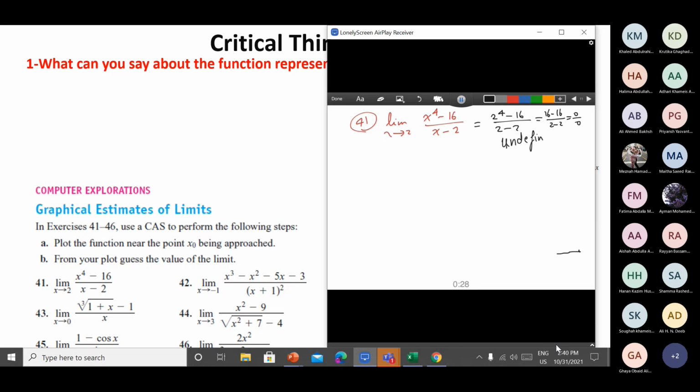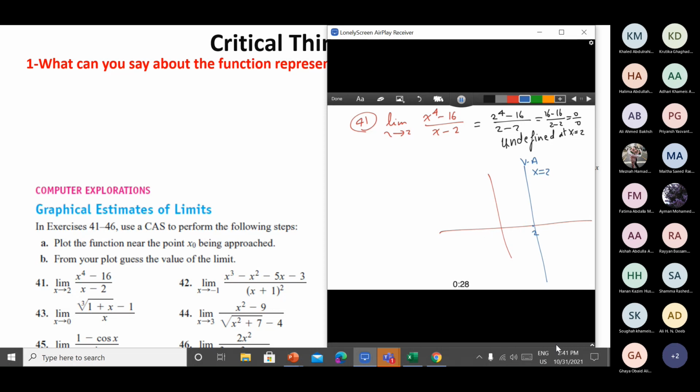So your function is undefined at x equal to 2. So when you graph it, you guarantee at x equal to 2 you have a vertical asymptote. And your function will be to the right and the left of this one, and it will not be continuous.